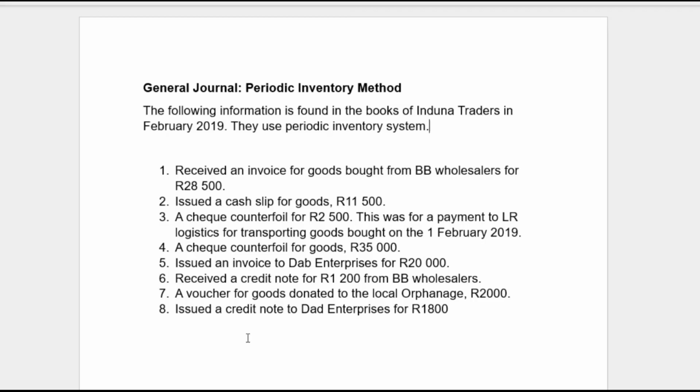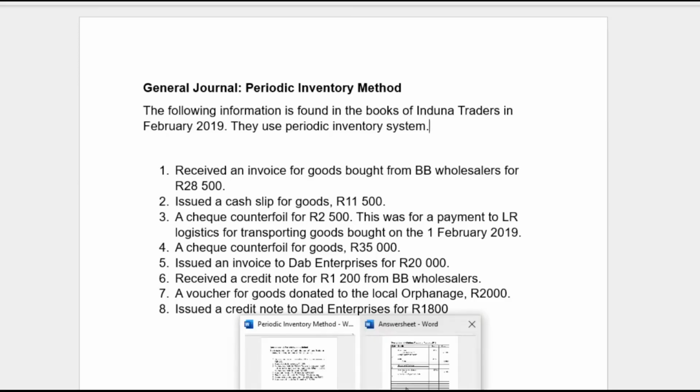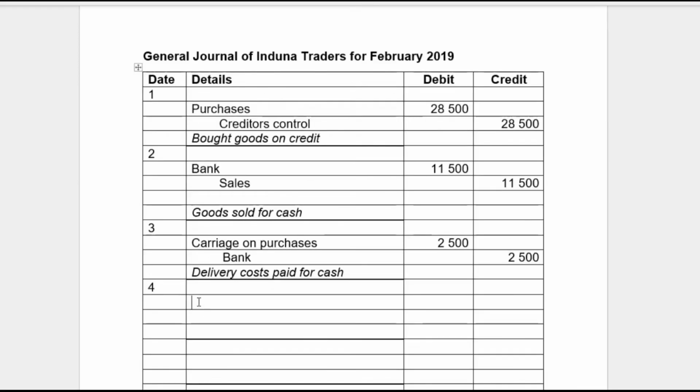There's going to be purchases, because goods are inventory, and inventory in periodic is called purchases. So you come this side, you debit purchases because you're buying goods. It means your goods will increase, and goods are an asset. Whenever an asset increases, we debit, right?